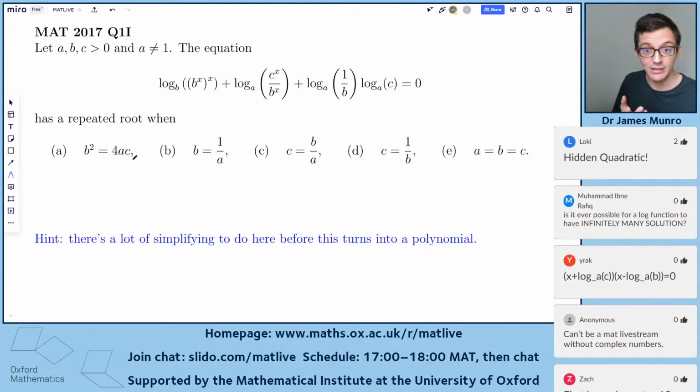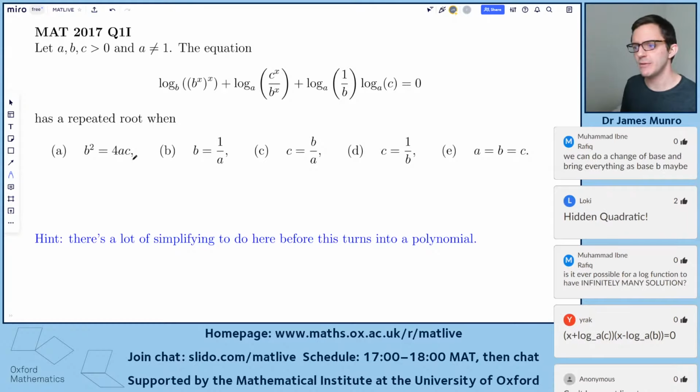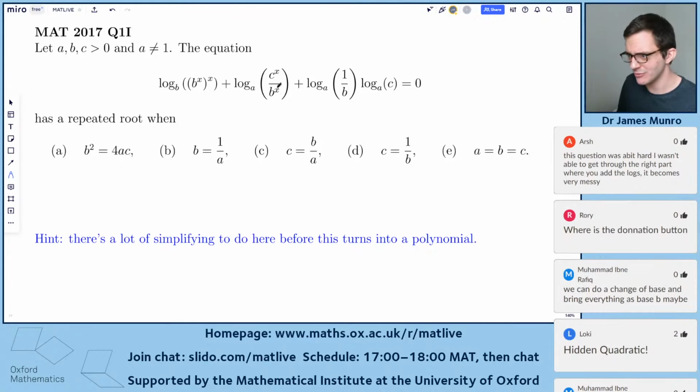Loki's called that a hidden quadratic, which is almost appropriate, a sort of secret hidden thing that we're going to try and discover. I suppose people have spotted that this first term has got 2 x's in. This middle term has x only appearing in the power once, and this one's got no x's in. So it doesn't quite feel like a quadratic, but it's quadratic-ish, I suppose.